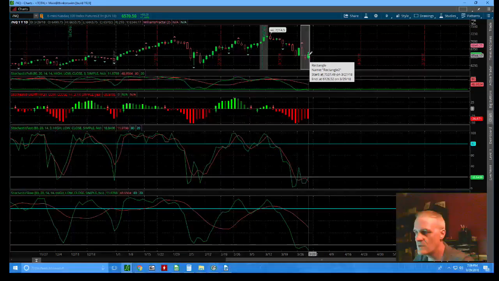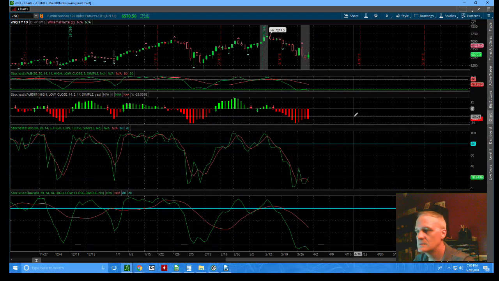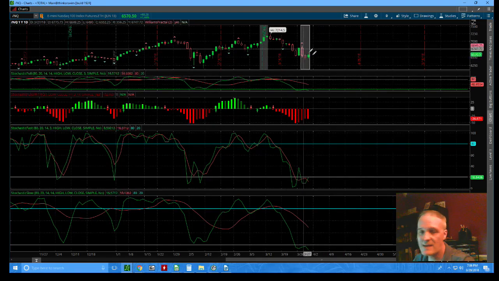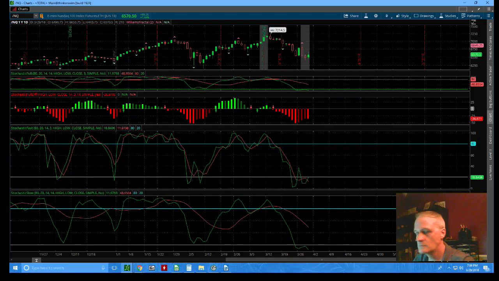Even though this is a positive bar here, based on what my slow stochastic is telling me, I think there's still some downside to this move, if that makes any sense.